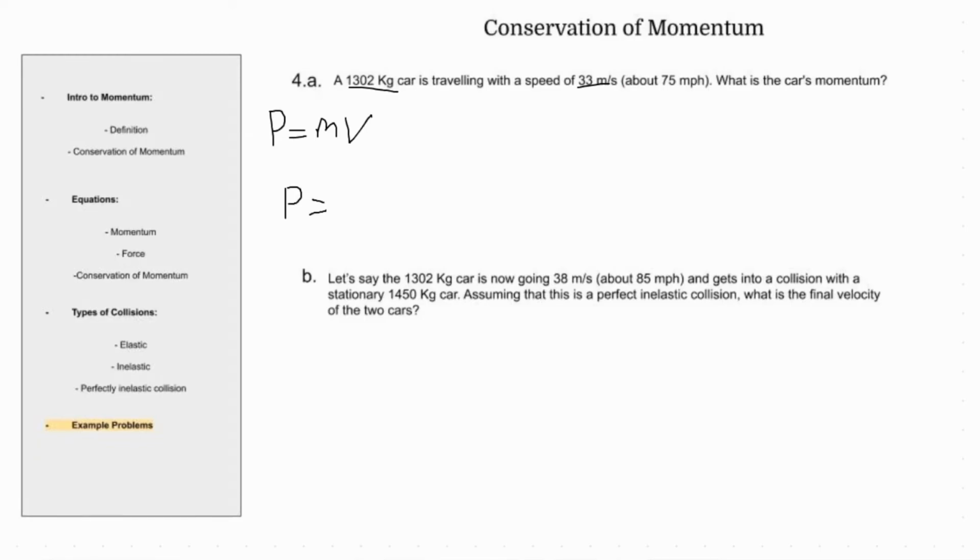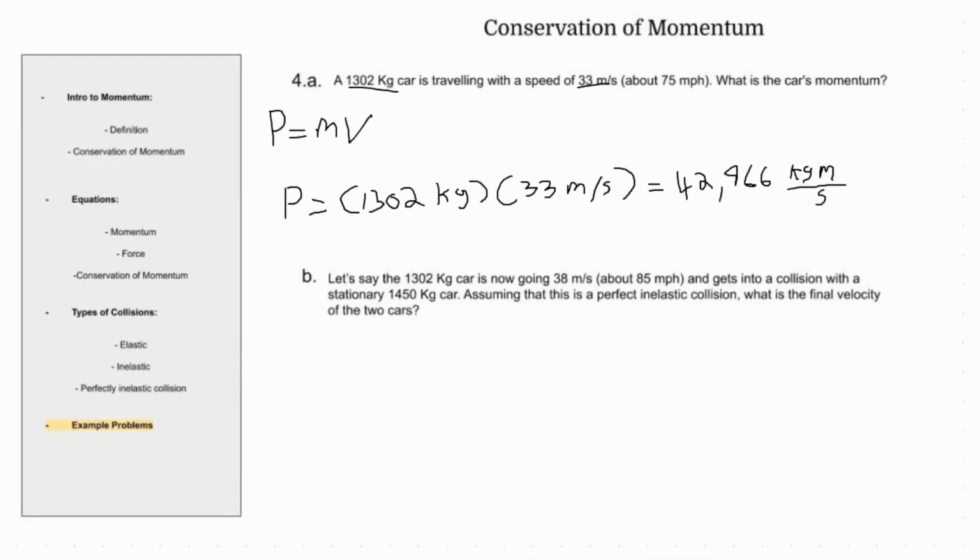Therefore, the momentum of the car is equal to 1,302 kilograms, which is the mass of the car, times 33 meters per second, which is the speed of the car. This equals 42,966 kilograms meters per second.